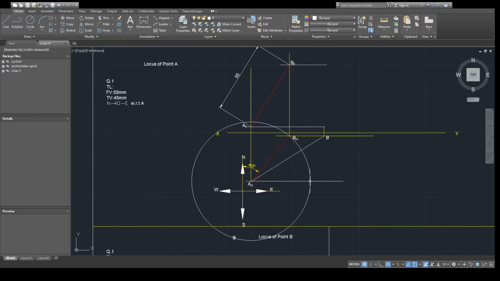Then from this intersection point I will draw a line up to locus of point B in case of front view. I will delete the circle. Then you join AF with respect to this point. Obviously this is white in color.